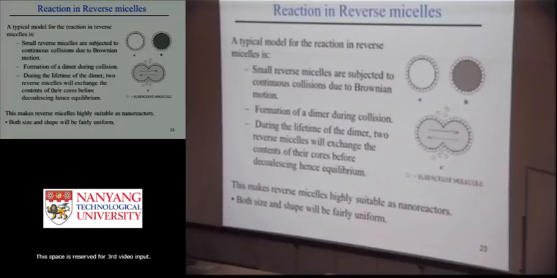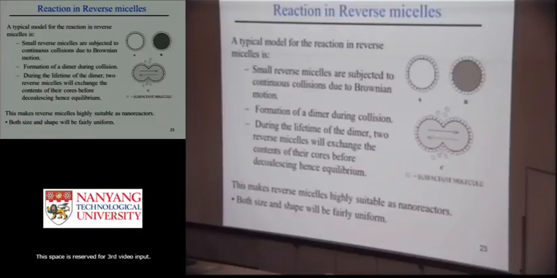If A collides with A, that's fine. No reaction happens. Although they exchange content, no reaction happens. After some time, this dimer dissociates into two droplets again. So that's okay. The microemulsion doesn't change if A meets A. Only when A meets B will there be a collision, there will be a dimer, and the dimer will exchange the content, and A and B mix.